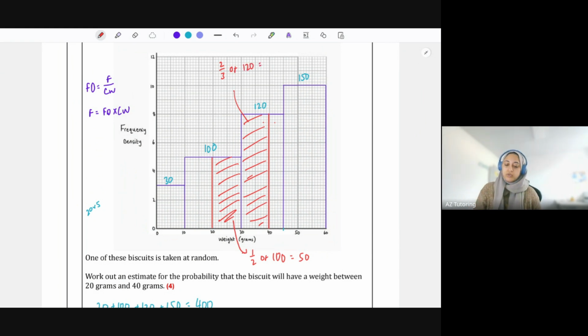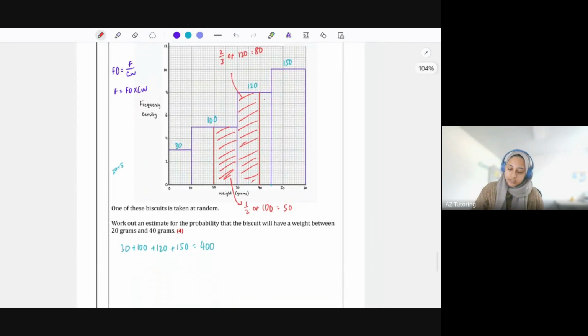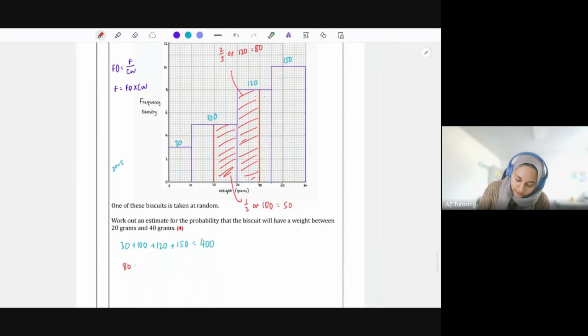So if I do 120 divided by 3 times 2, that gives me 80. So the red bars together are 80 plus 50, which gives me 130. So remember, this is the red bars colored. 400 is the total.